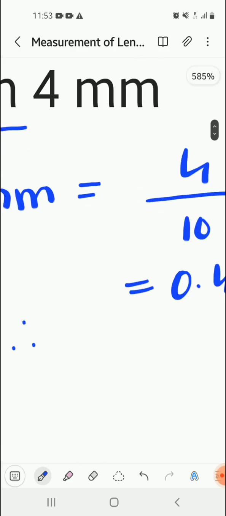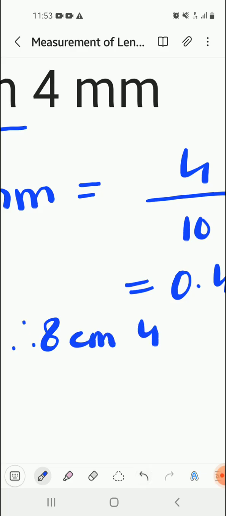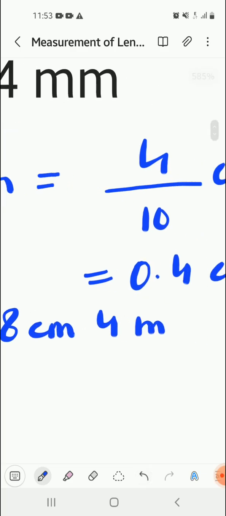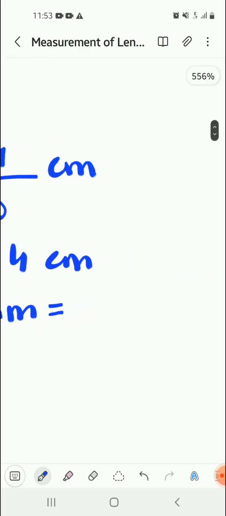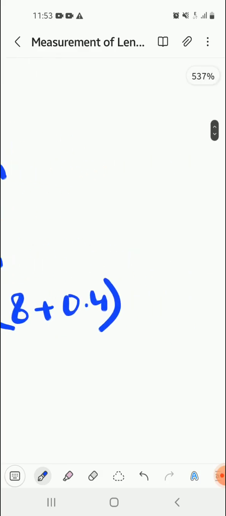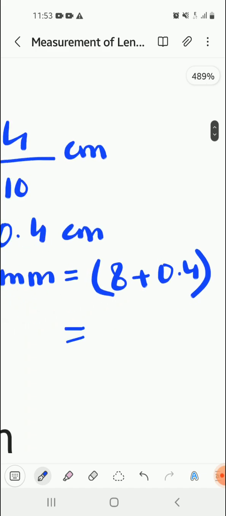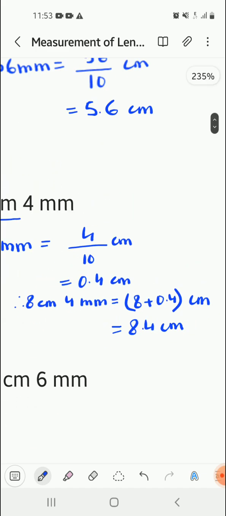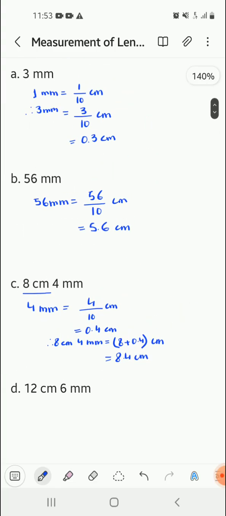Therefore, 8 centimeter 4 mm is equal to 8 plus 0.4 centimeter, that is 8.4 centimeter. That is it.